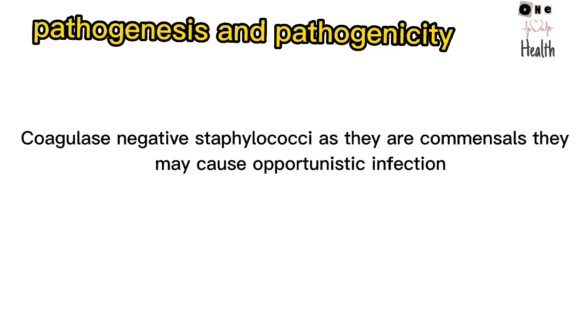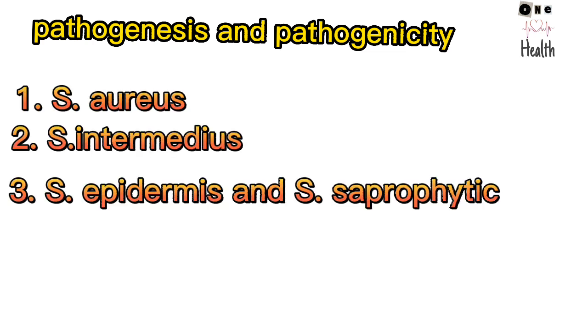Coagulase negative staphylococcus are commensals. They may cause opportunistic infection. Species associated with animal disease are Staphylococcus aureus, Staphylococcus intermedius, Staphylococcus epidermidis, and Staphylococcus saprophyticus. Those bacteria can cause disease in animals.